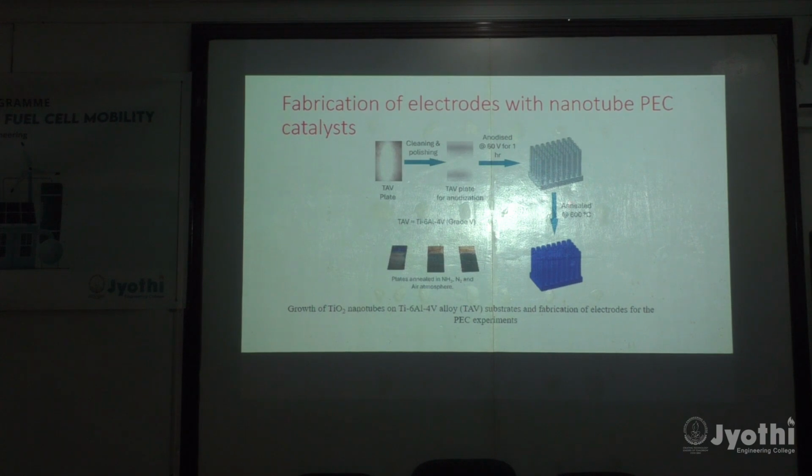After that, it is possible to grow nanotubes on this. Once the nanotubes are grown, this becomes the electrode, which is used for PEC catalysis.